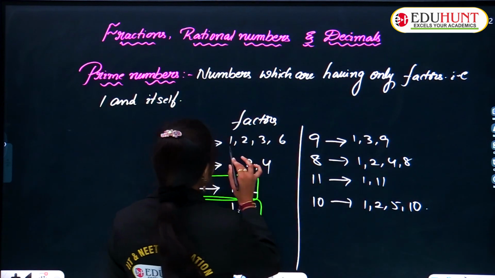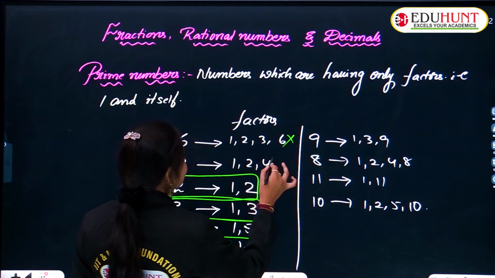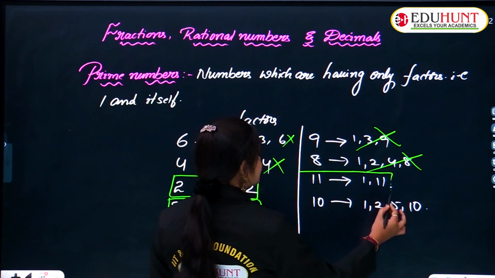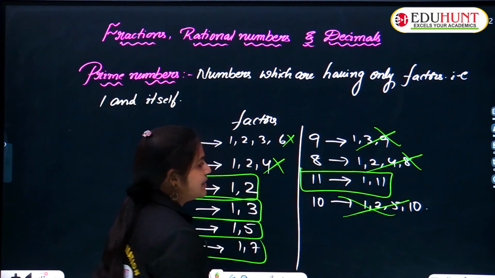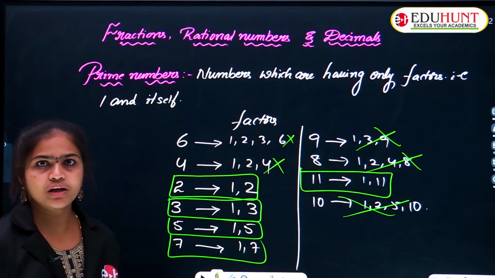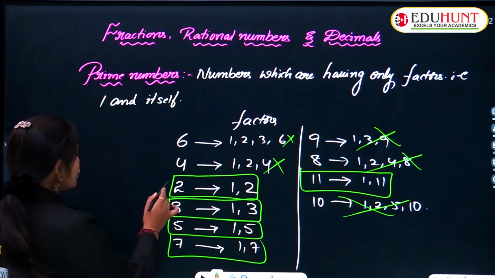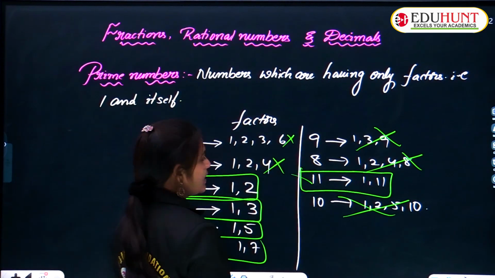Here 4 factors, here 3 factors, here 3 factors, 4 factors, next 11. 10 is having 4 factors. As per this, which numbers can we consider prime numbers? 2, 3, 5, 7, 11.